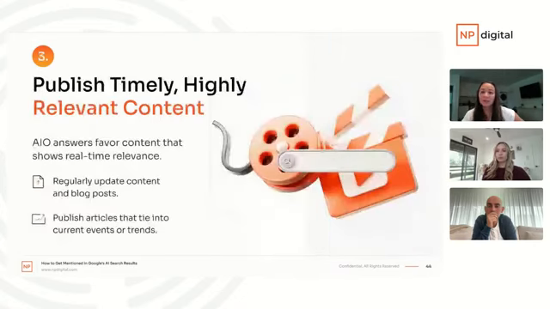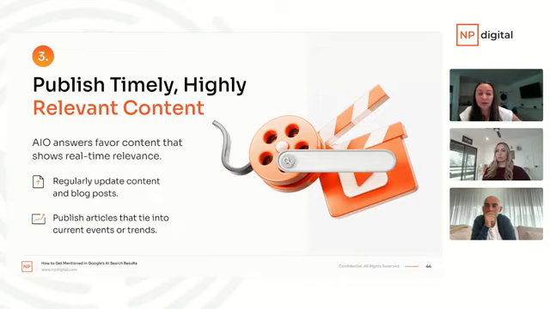And then I know Brittany touched on this a little bit, but AI certainly favors content that is current. So whether it's timely, trend-driven blog content or updating your evergreen pages, you want to show Google that you are making timely updates to your content.